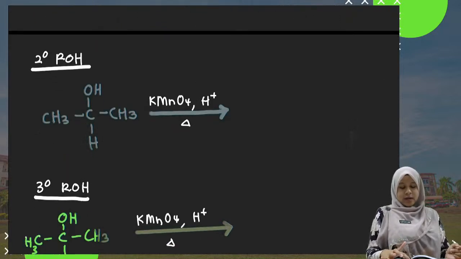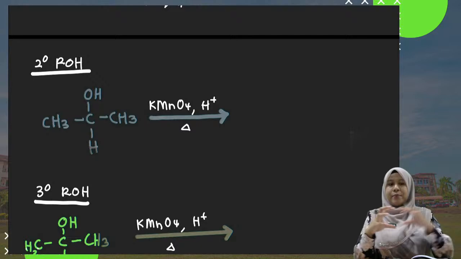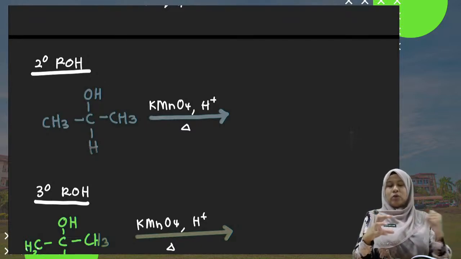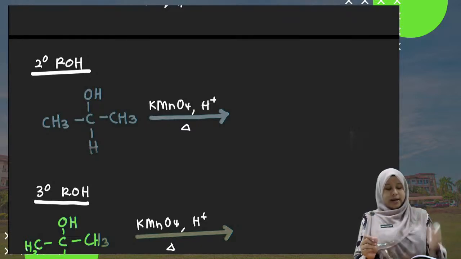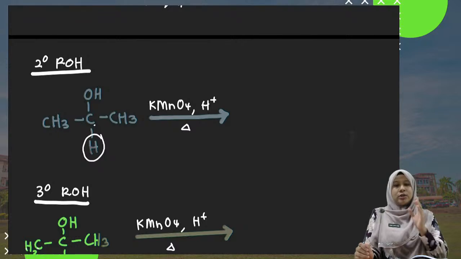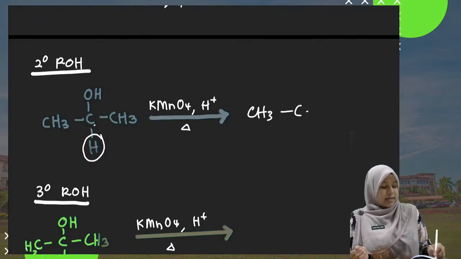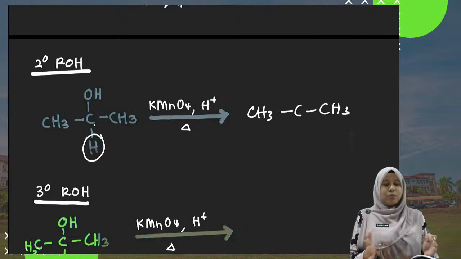Okay, kalau secondary alcohol, tadi saya kata syarat nak buat oxidation, carbon that bearing the OH group yang attach kepada OH at least ada one hydrogen. So untuk secondary alcohol, carbon yang pegang OH ni dia ada juga satu hydrogen. Okay, so bila ada satu hydrogen, so dia boleh undergo oxidation. So kita salin balik CH3 ni maintain, tak berubah.